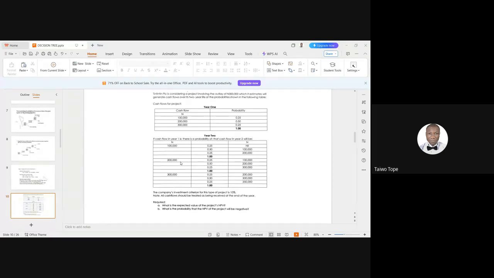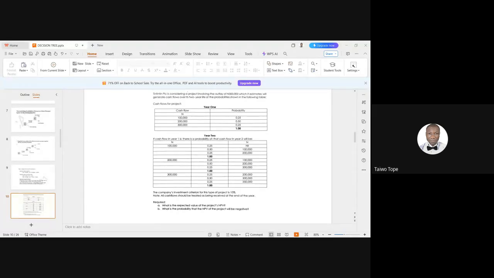So Tintinin PLC is considering a project involving the outlay of 300,000, which it estimates will generate cash flows over its 2-year life, with the probabilities shown in the following tables.